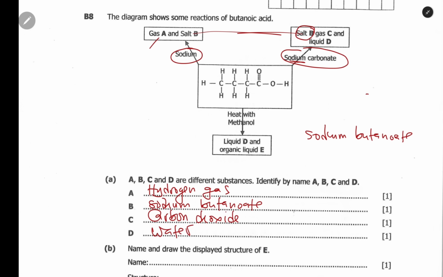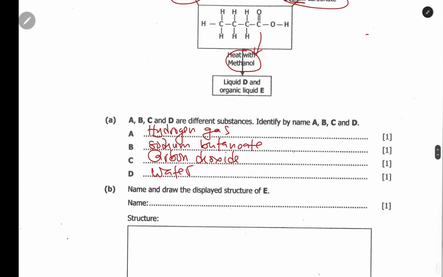Okay, so in both cases, even here, when heated with methanol, in other words, the acid reacts with methanol, that is an alcohol plus an acid, resulting in an ester, and what is produced is an ester and water.